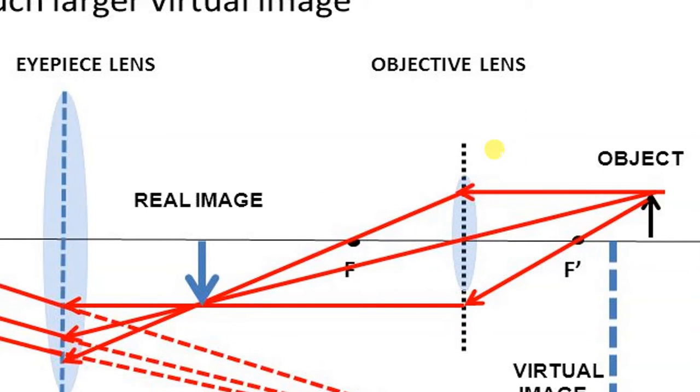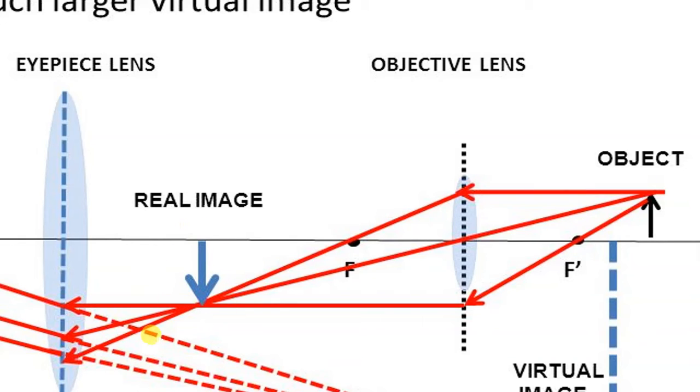We will assume that the other lens is not present. Okay, this is the object. The rays coming here will pass through the objective lens, they will bend inward, and they will meet at a point, and they will make a real image.